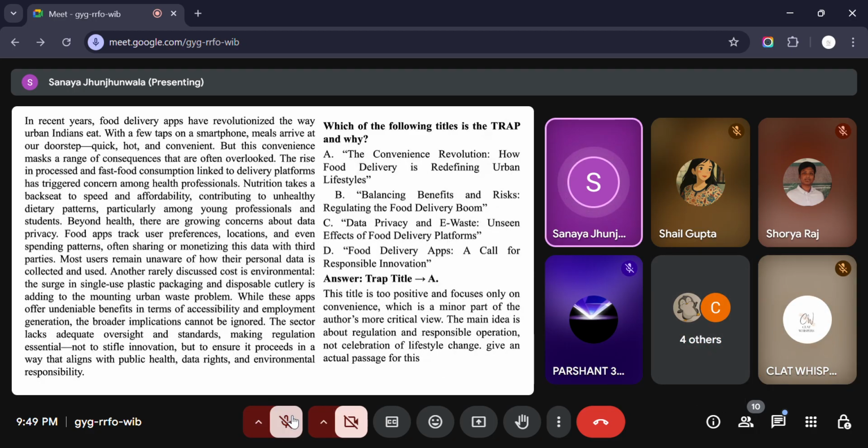See, Anurag has shared a main idea in the chat. If you read that, that is basically the gist of the passage and what the author is trying to convey. If there's any other doubt, any of the previous passages, please share it right now. I'll try my best to deal with it and solve it.